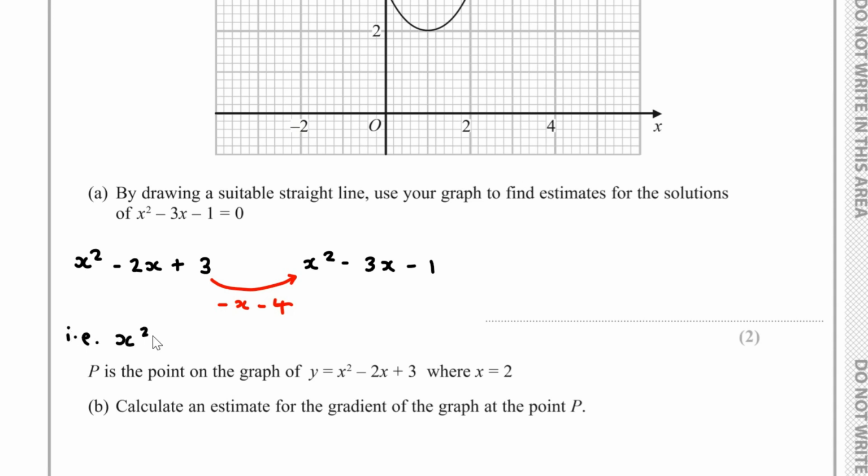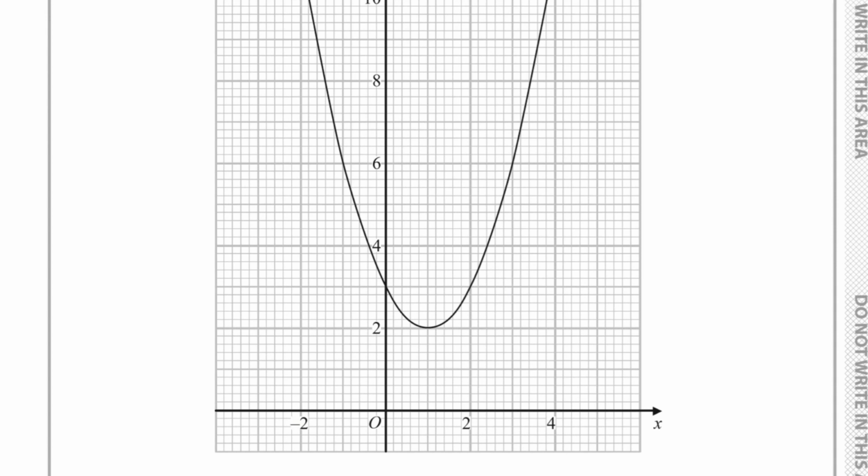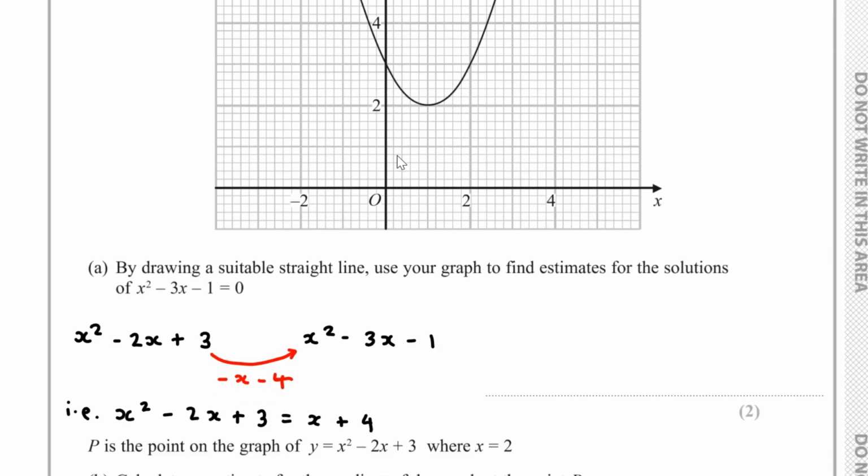If we have x squared minus 2x plus 3 equals x plus 4, then if I subtract x and subtract 4, we end up with this graph over here. So I need to draw the graph of x plus 4.